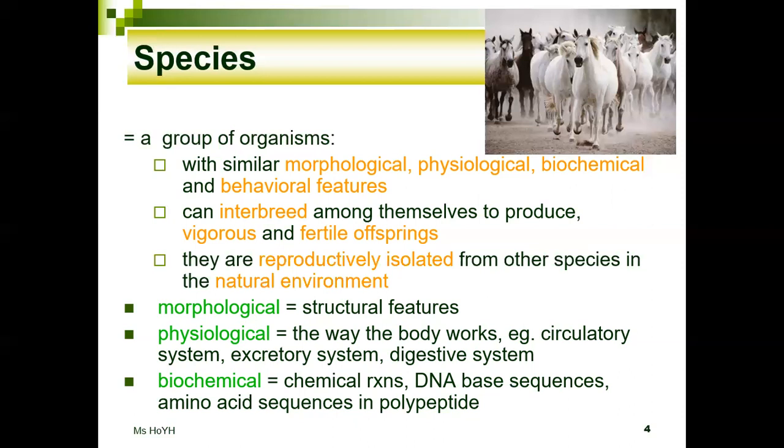That one is not natural anymore, because we deliberately put them together, or better still, you do IVF. That one you cannot say they can produce offspring, so they are the same species. It must be in natural condition; they cannot meet and mate. So they are different species. Okay? So these are the three important points for the definition of species, not only the first one. Okay, all these three.